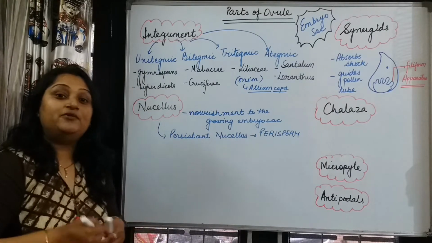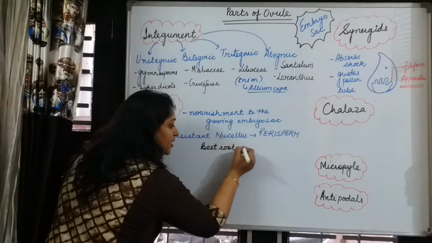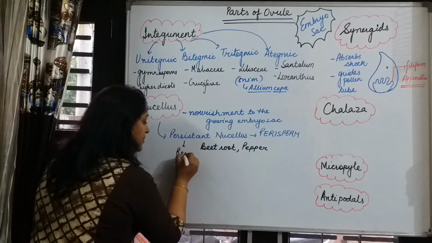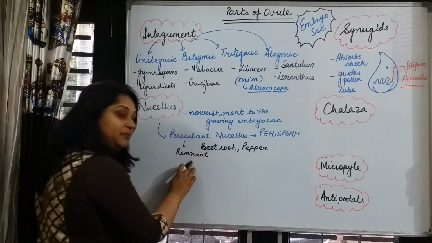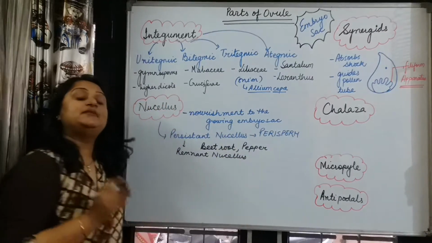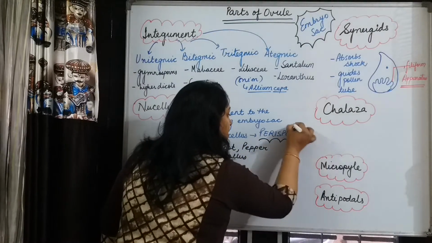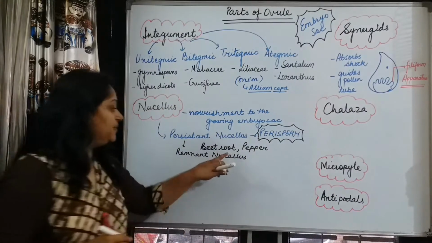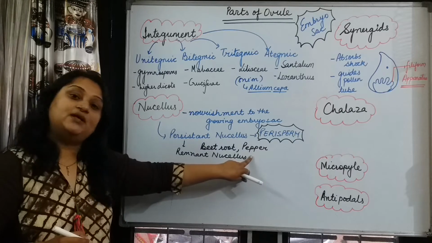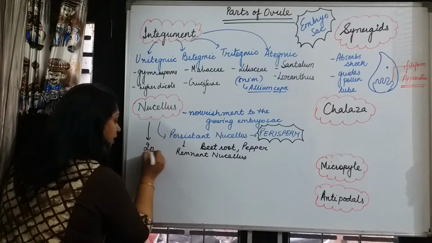Perisperm is observed in beetroot, even pepper. This is called a remnant. Remnant means remains of the nucellus still prevail inside the ovule, then that is termed as perisperm. Examples are beetroot and pepper. Do remember these examples. These are very important. Then nucellus is a diploid structure.